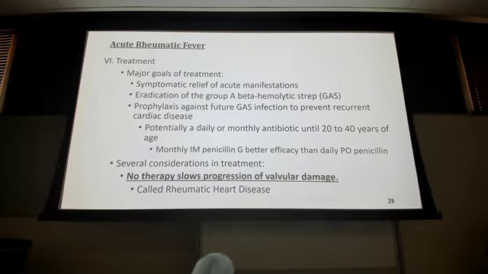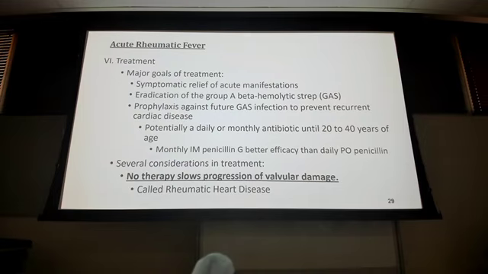I put down that they could need prophylactic antibiotics until they're 20 to 40 years old, because we don't want them to ever have another strep infection leading to the development of acute rheumatic fever.